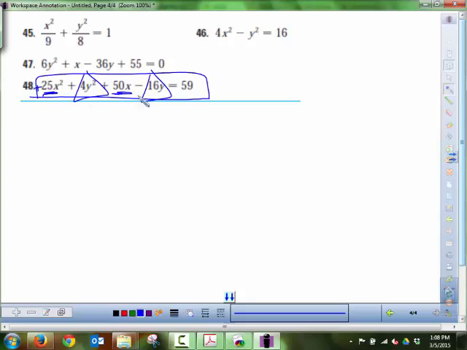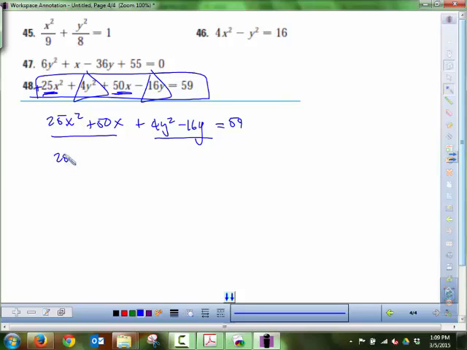So what I'll do is group the x's together: 25x squared plus 50x. And then I'll group the y's together: 4y squared minus 16y. And I suppose I can just leave the 59 over on the other side. Then I will factor out common factors where they have the same variables.